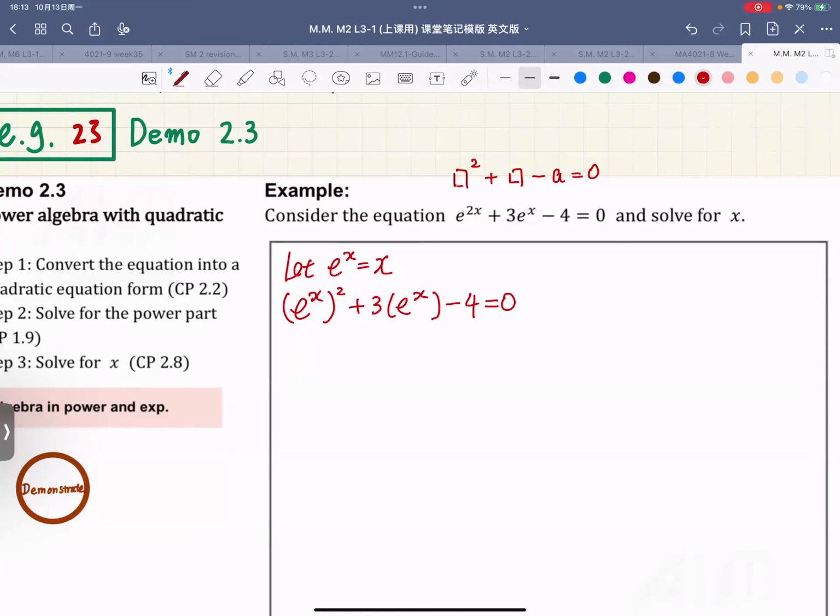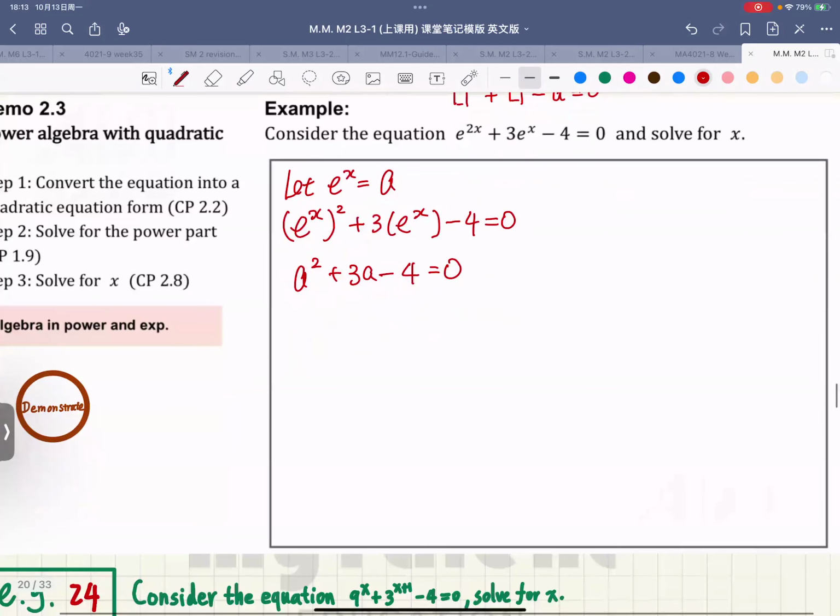So e to the power of x is equal to x, or we can use a. Let's use a, all right? You can use x, a or b. It doesn't really matter. Let's just use a. Let e to the power of x equal to a. So this equation will be a squared plus 3a minus 4 is equal to 0.